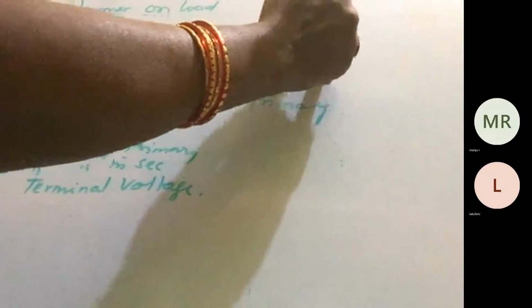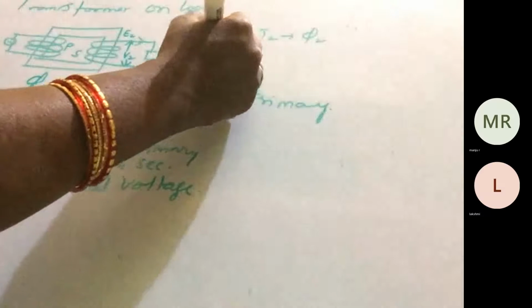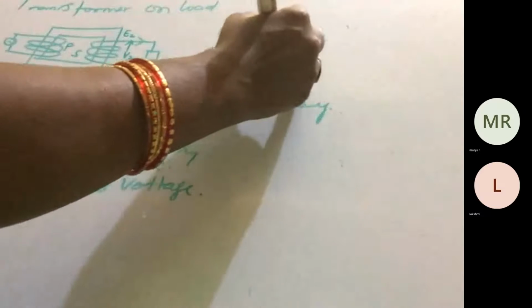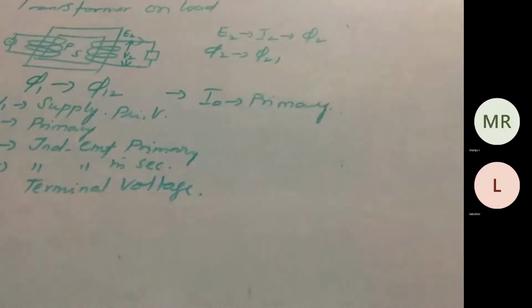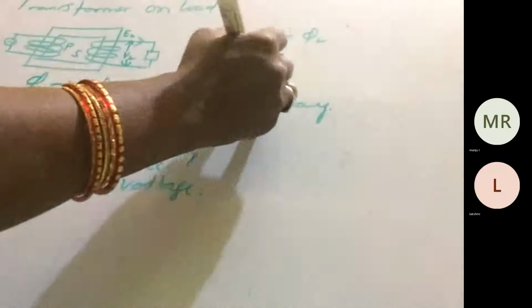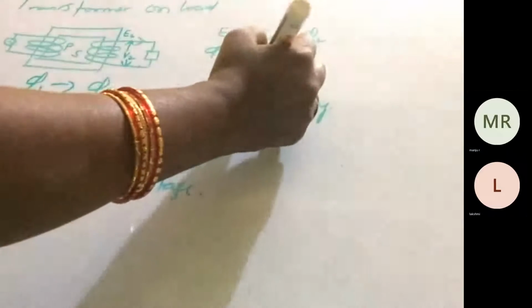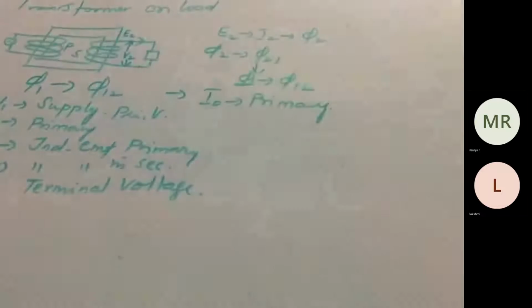This I2 flows through the load, and due to I2, the flux phi 2 develops. We have seen that phi 2 links the primary coil, so we represent it as phi 2 1. This phi 2 1 will be opposite to the flux phi 1, the primary flux, which links the secondary winding as phi 1 2.